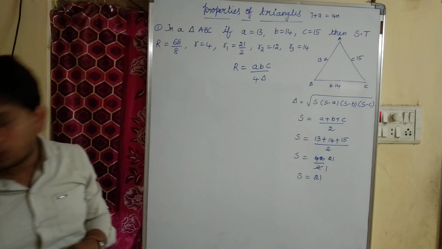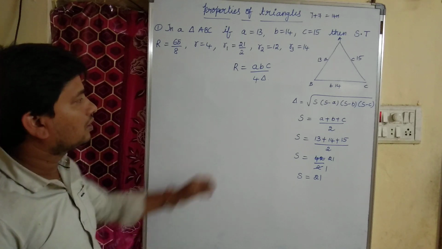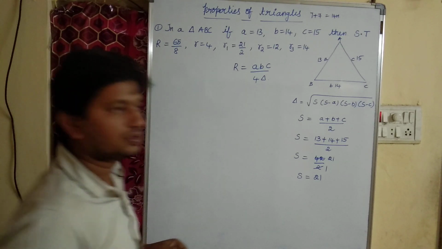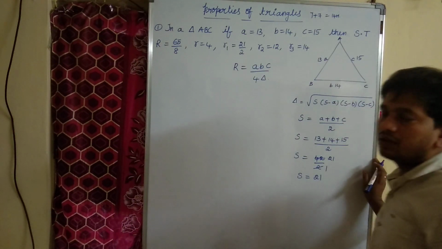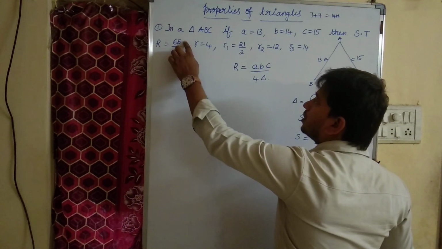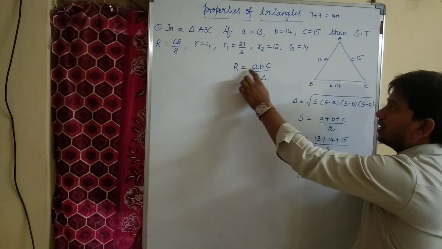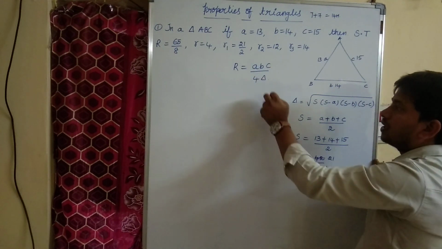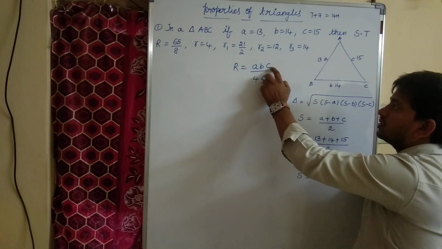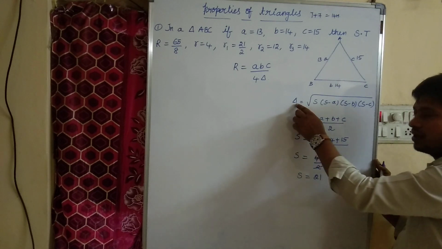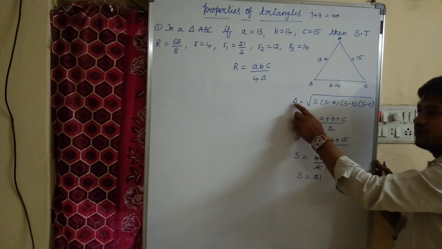We need to show that R equal to 65 by 8. We know the a value, b value, c value, but we don't know delta. That is the reason we are finding delta. Delta is nothing but the area of the triangle.